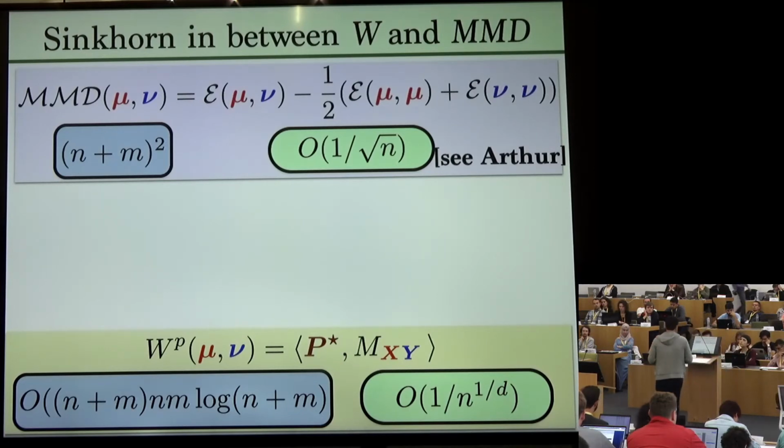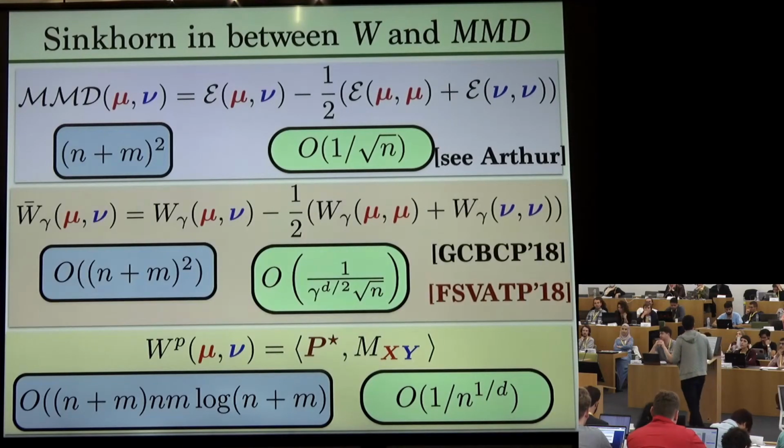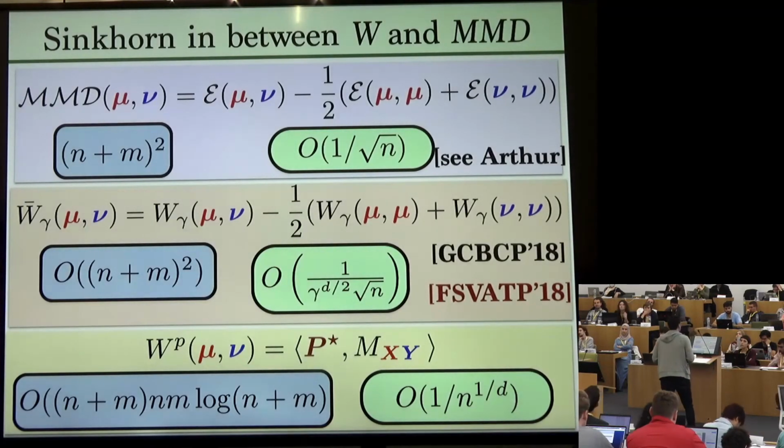So if you want, you're either given the choice of doing something very, very clever, but that's very expensive and converges very poorly, or you're given the choice of doing something a bit stupid, but that converges very quickly and it's very, very easy to compute. So here what we do is that we show that somewhat you are in the middle with this regularization of optimal transport.